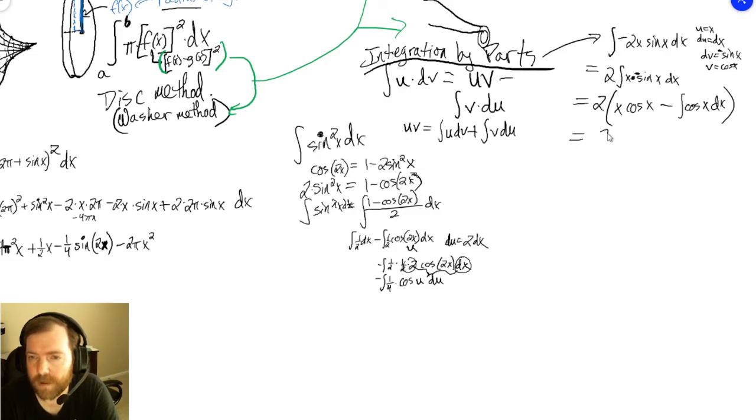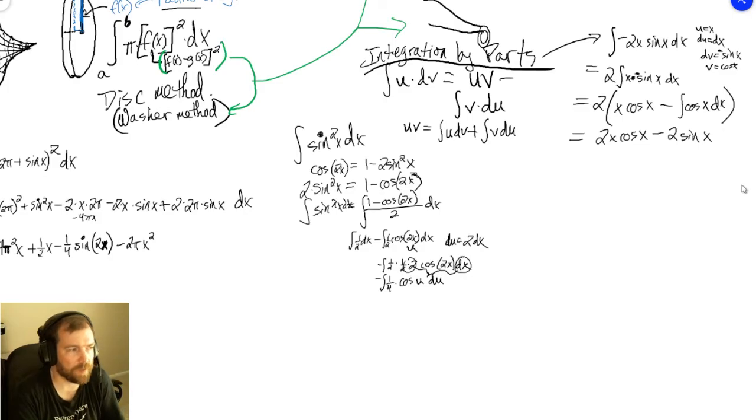So this is going to be 2x cosine x minus, when you take the integral of a cosine, it is a sine. So that preserves the negative that's out here, and we're going to bring in the 2 with distribution, so that's 2 sine x.